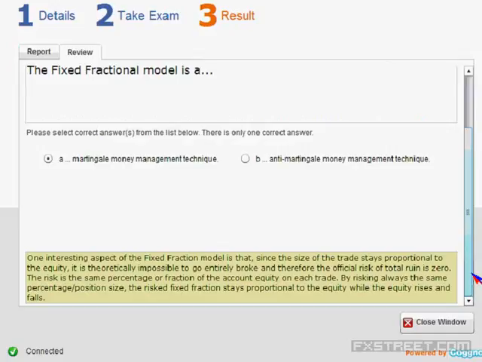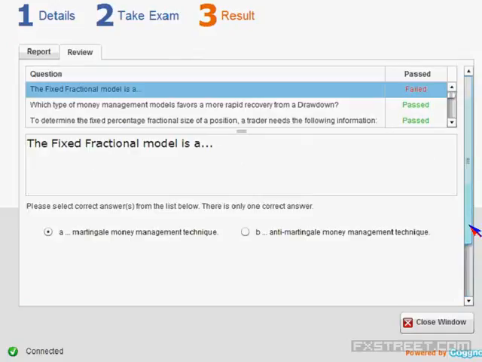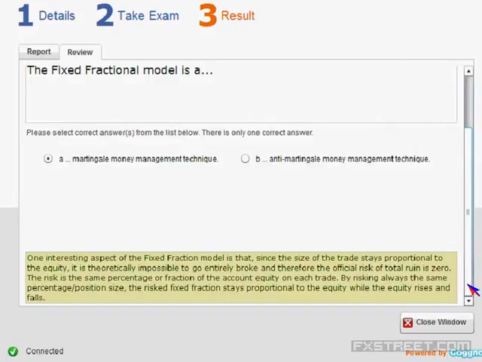Okay, let's say we have typed answer B, and it says that the fixed fractional is a martingale money management technique, which is obviously an error from the system, I think.